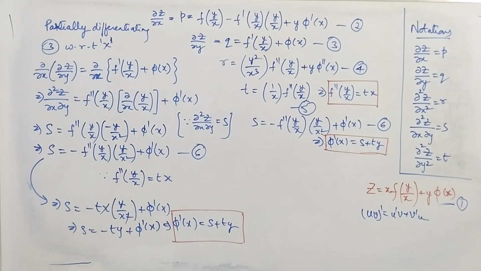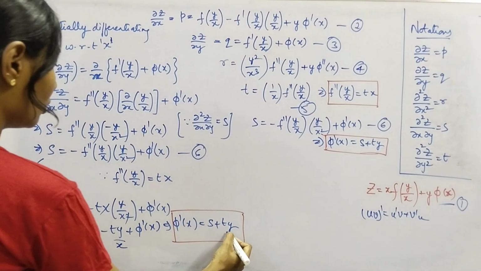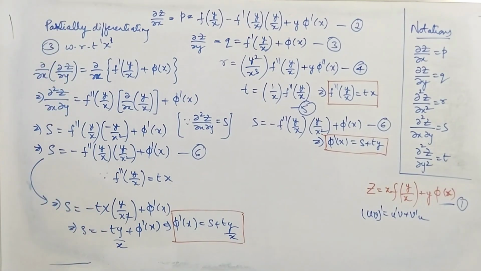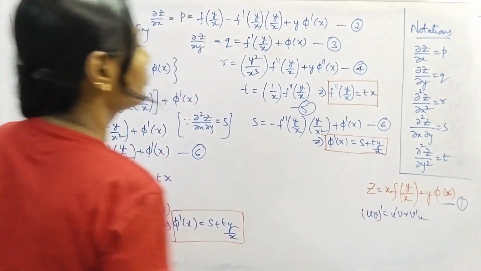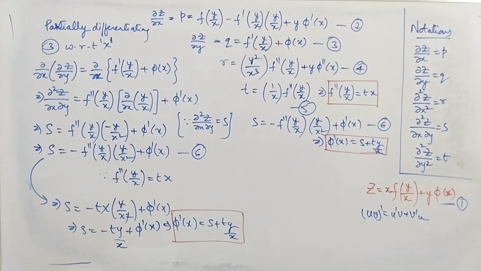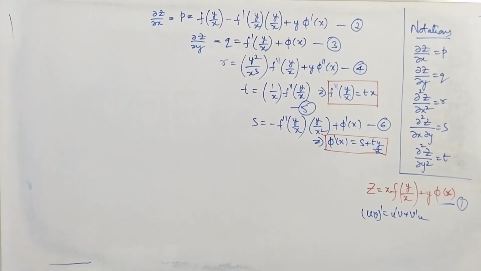Now observe all the equations we have now. See, here we have one x in the denominator, right? We should not forget it. We'll get by x here. Now observe all the equations.